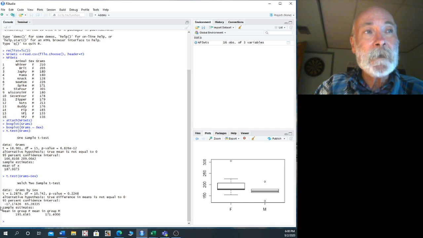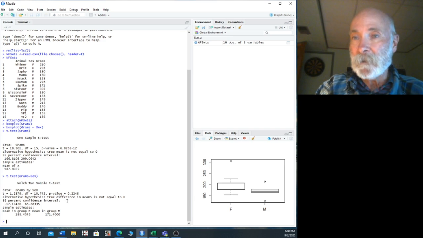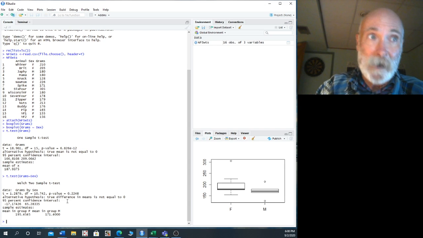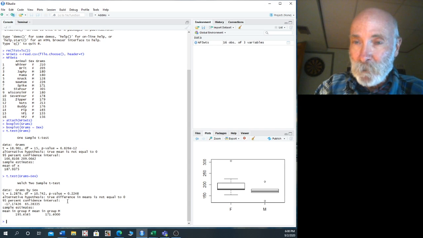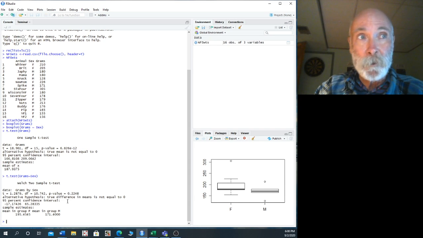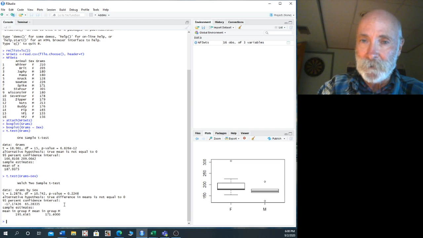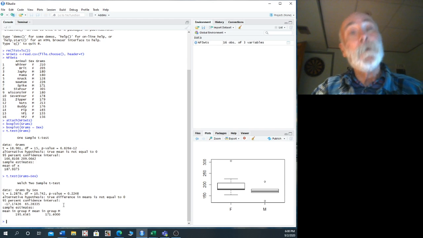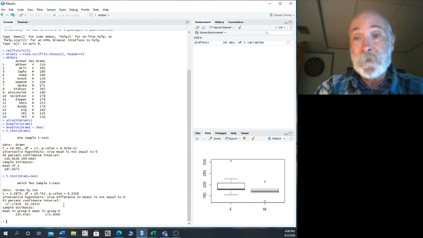And in fact, our confidence interval gives you the same result because the confidence interval for the difference between the weights includes the value 0. If it didn't include the value 0, then we could say they are different, all right? We know that the body weights of males and females are not different in this sample of flying squirrels.